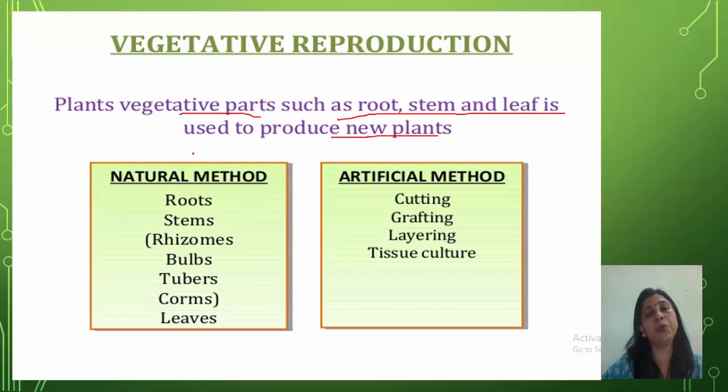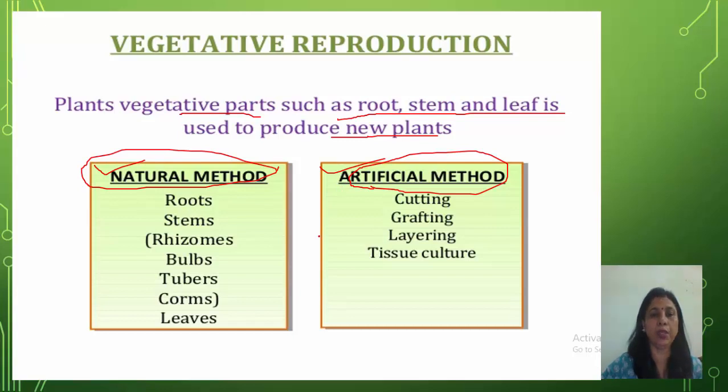Now, this vegetative reproduction in plants takes place by two methods. One is natural and the other one is artificial. Natural method means in nature this vegetative reproduction occurs on its own, whereas in artificial method it is done by human beings.